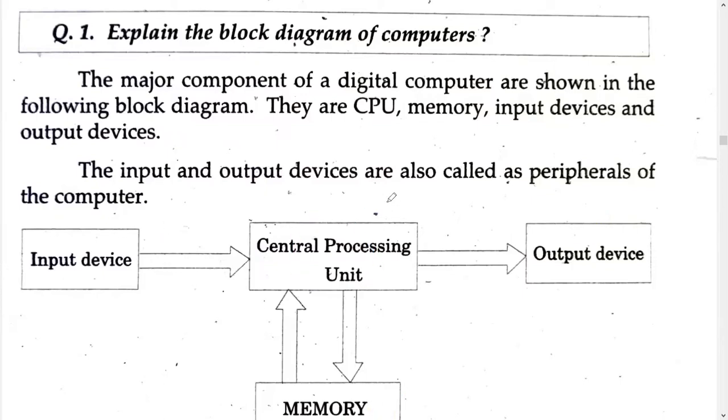In the central processing unit, we have discussed the control unit and arithmetic logic unit. The control unit controls timing and input and output devices, whereas the arithmetic logic unit handles arithmetic operations and logical operations such as AND, OR, NOT. Arithmetic operations are addition, subtraction, multiplication, and division.